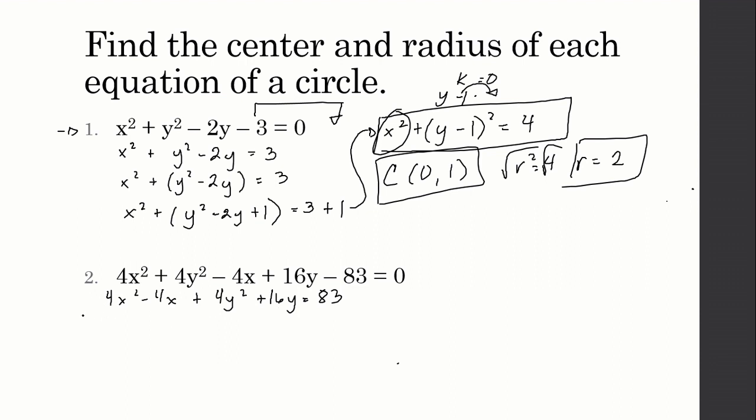So we will factor them. 4 times x squared minus x plus 4y squared plus 4y equal to 83. The next thing is we will make the groupings here to be a perfect square trinomial.